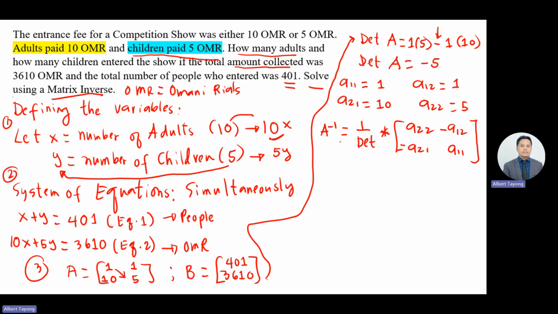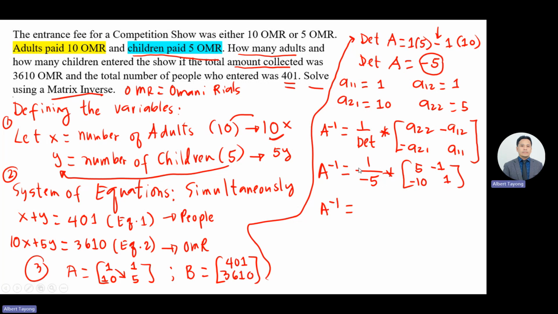Basically, we replace the determinant by -5, that's the determinant of A. We swap the elements of the main diagonal, 1 and 5, which become 5 and 1. And 10 and 1 will be in the same position, but we have to change the signs. So positive 10 becomes -10. Positive 1 becomes -1.